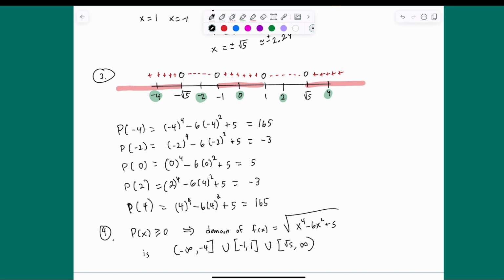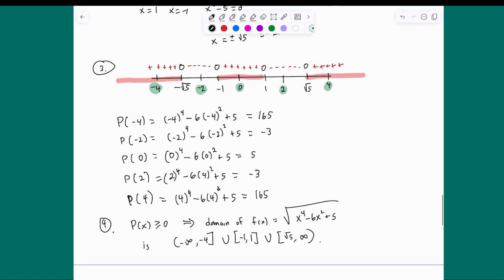Now notice we're including the endpoints because the square root of 0 is okay, and the radicand can be 0. And so that's our domain.